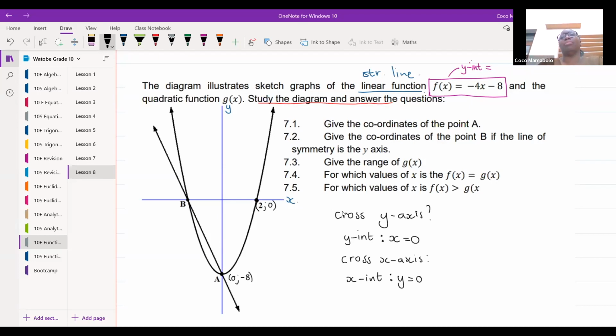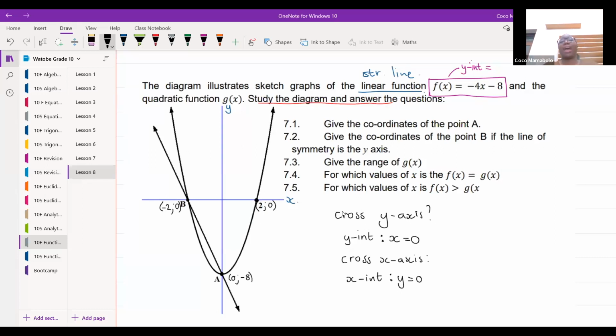Good, can you see? It's almost like a mirror image of the one and the other. This is going to be the point -2. And what is my y value over here at the x-intercept? At B, Michael, good, it's 0.